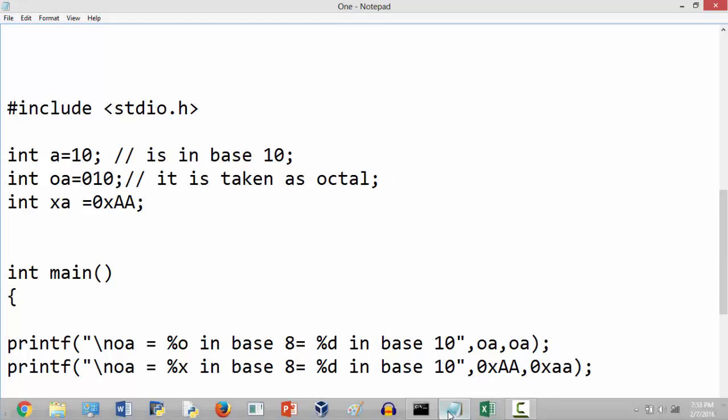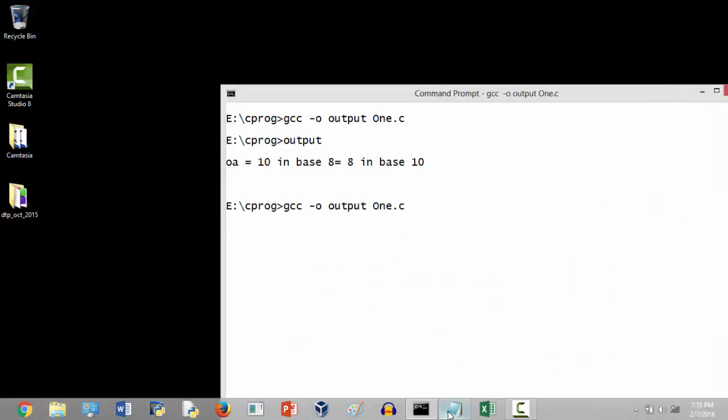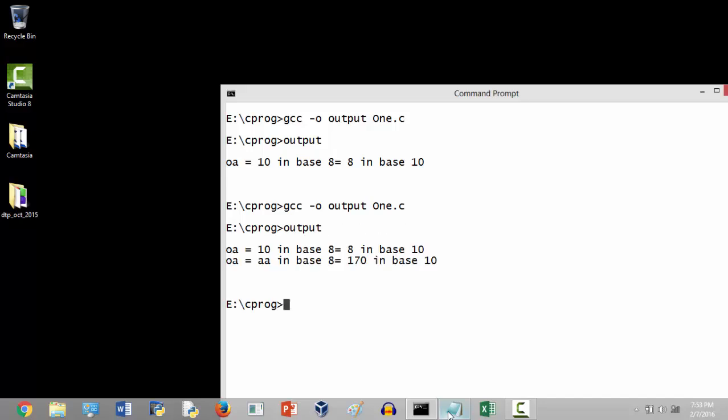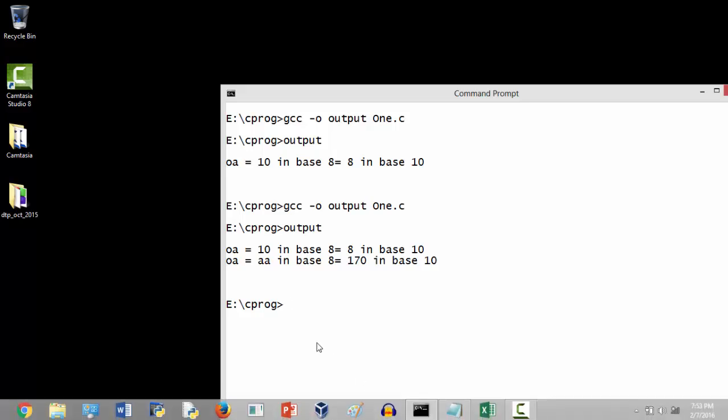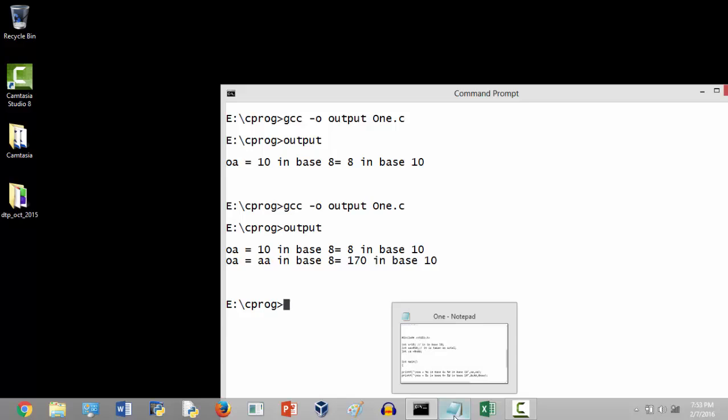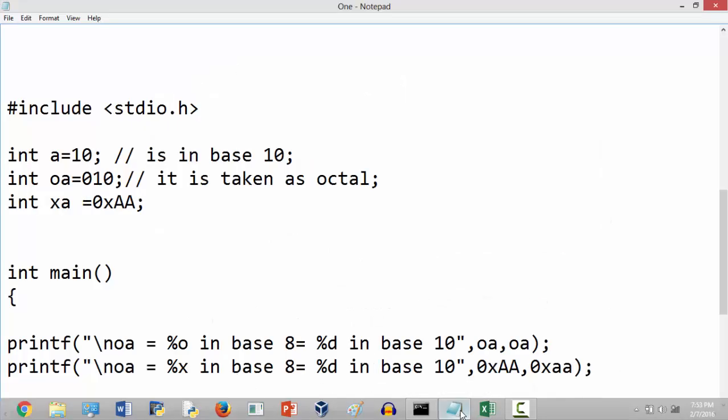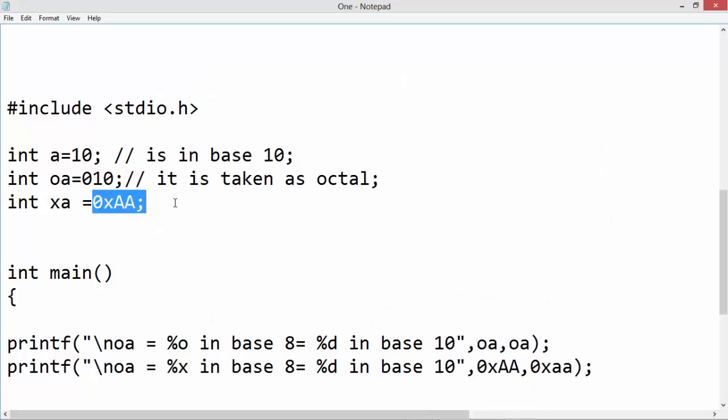Let us see what that conversion will be. Now if you see, it is not case sensitive, so it is 170 because A is 10, so 10 into 16 to the power of 1 is 160, 10 into 16 to the power of 0 is 10, which is 170. So the inference here is that when I give 0xAA, even if it is an integer, it gets converted and stored there. It is still an integer type, only the value is represented, the base is actually changed.